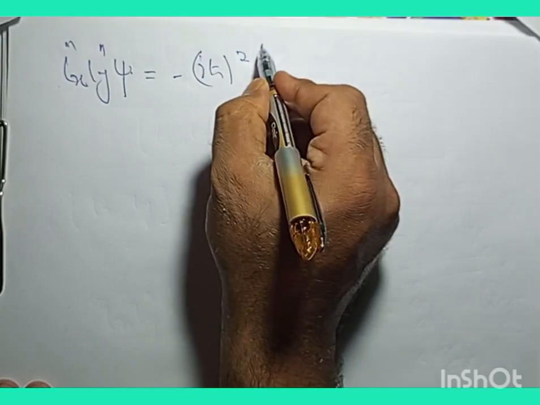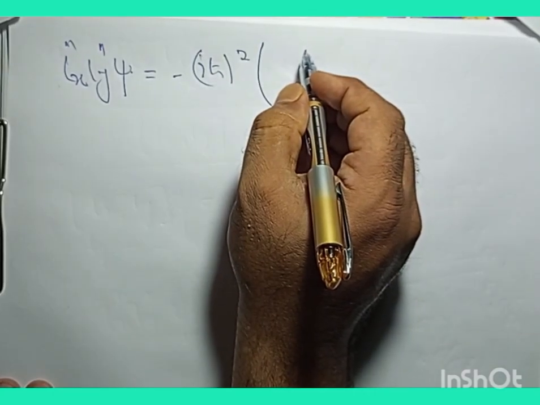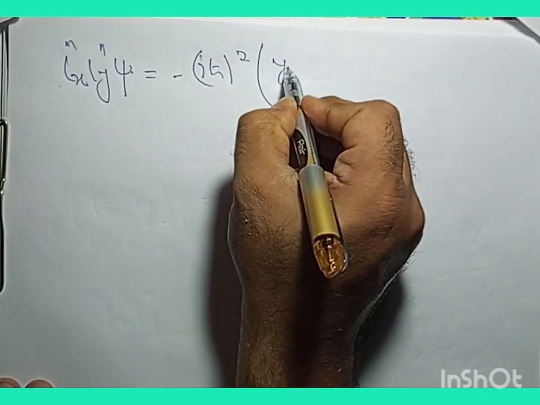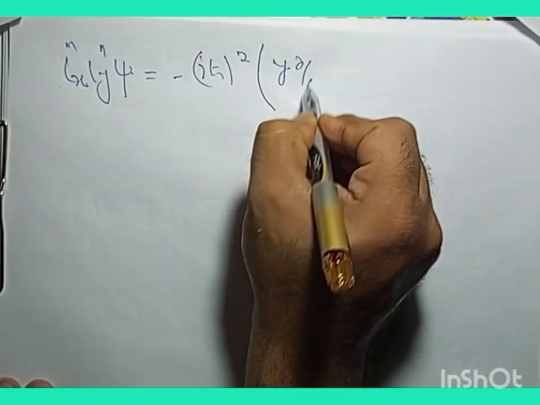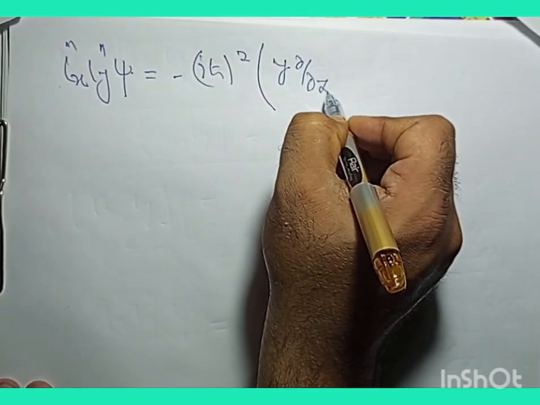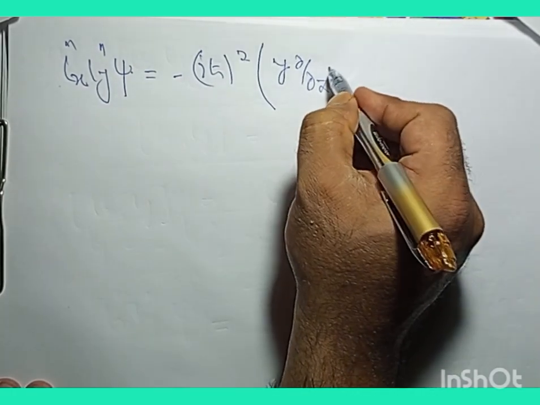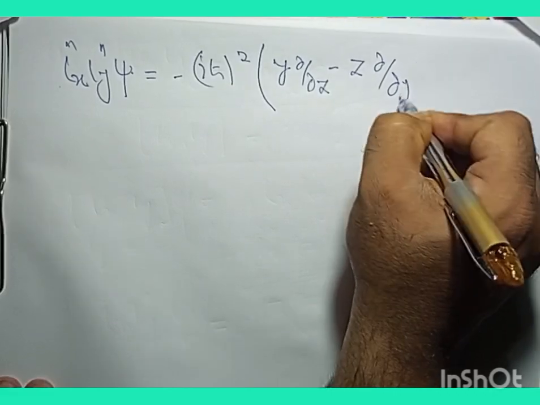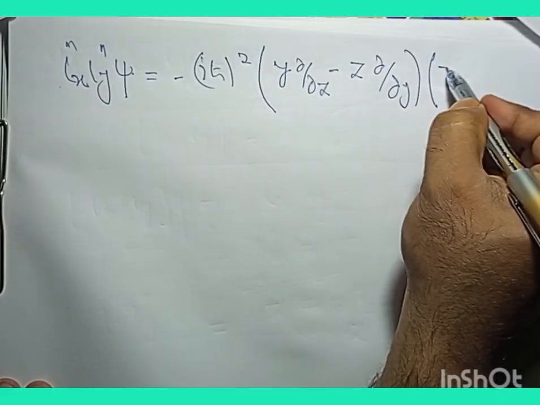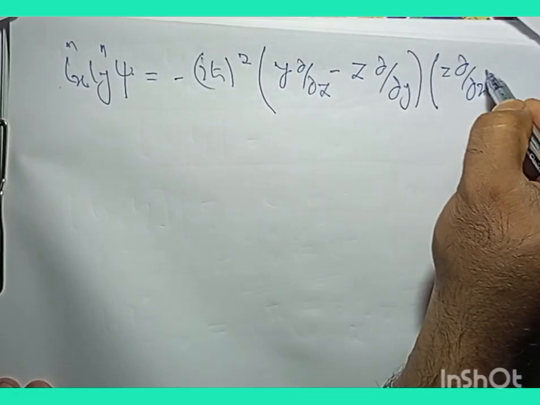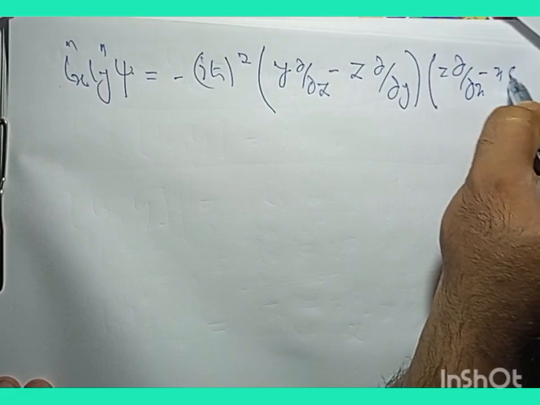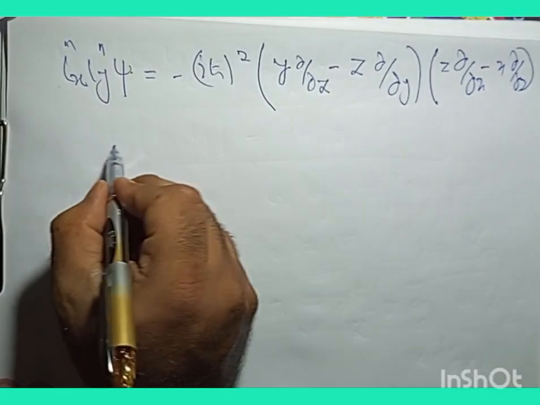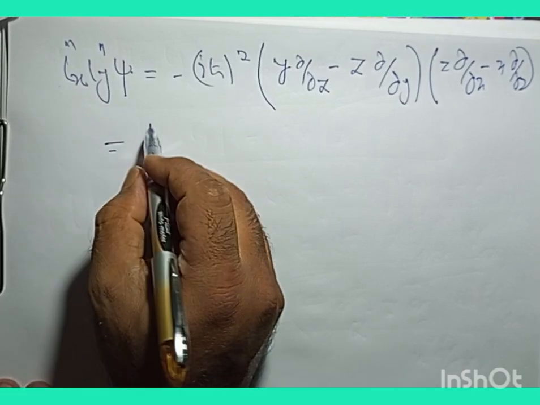Then we will be multiplying now: (y ∂/∂z minus z ∂/∂y) times (z ∂/∂x minus x ∂/∂z). So now we can distribute.